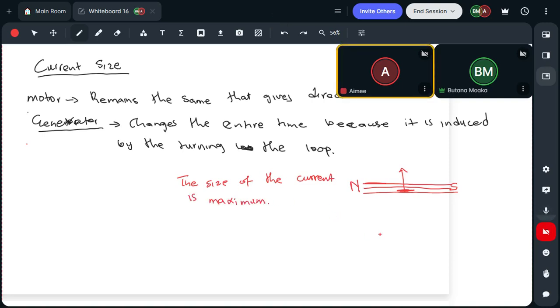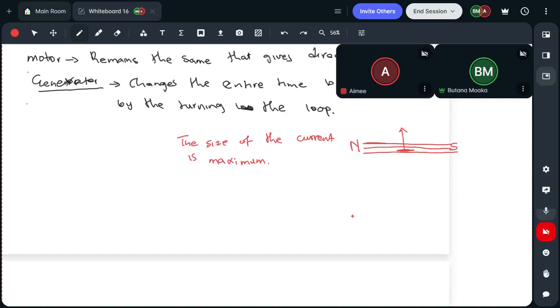You understand? Yeah. But now let's say this is my north pole, this is my south pole. So these are the magnetic lines. You see where the arrow is pointing.